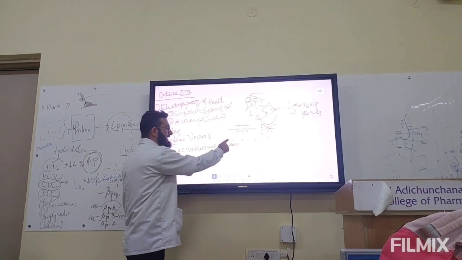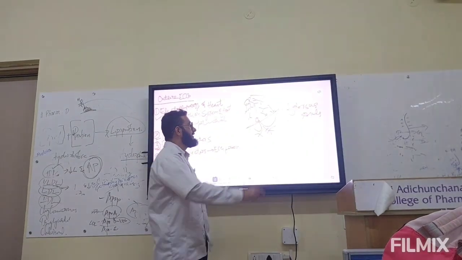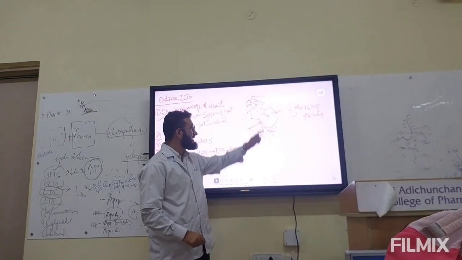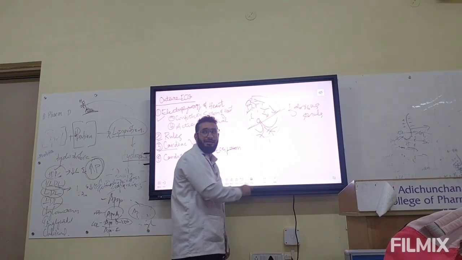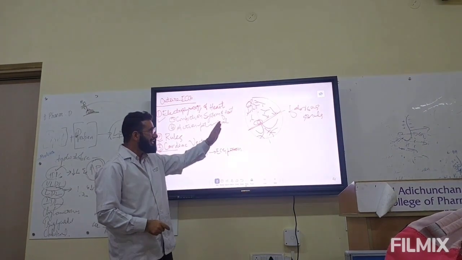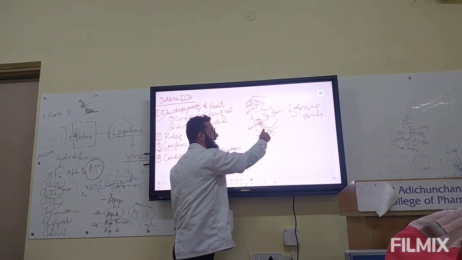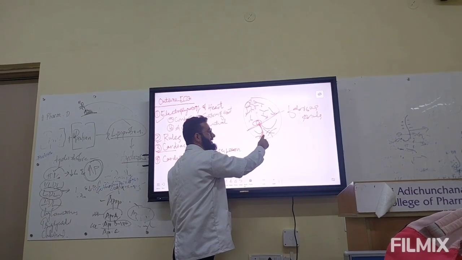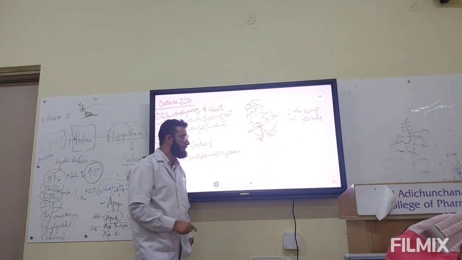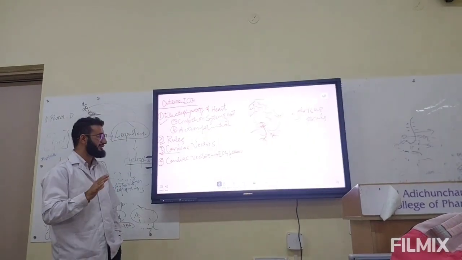The only pathway or gateway for the electrical signals to reach the ventricle from the SA node is the AV node. So when these signals reach the AV node, they will transmit via the bundle of His, then the Purkinje fibers. Okay? So this is the conduction system of the heart.